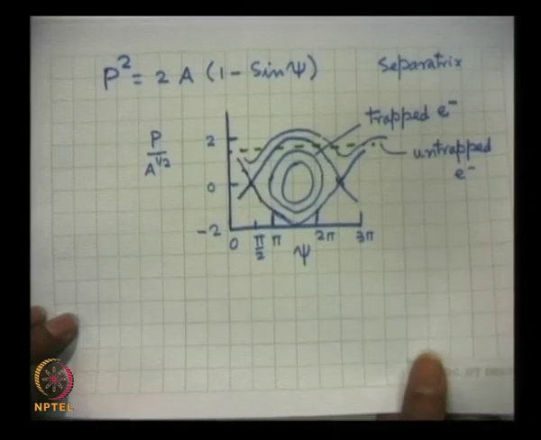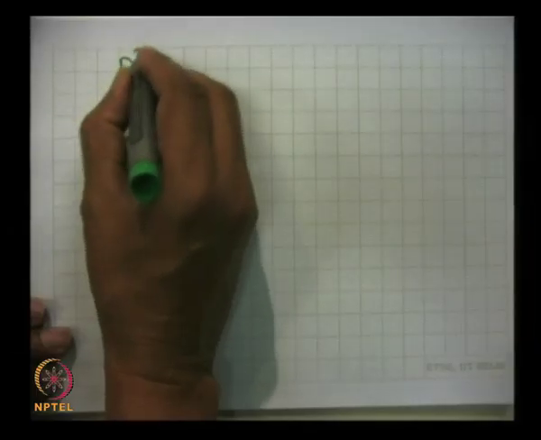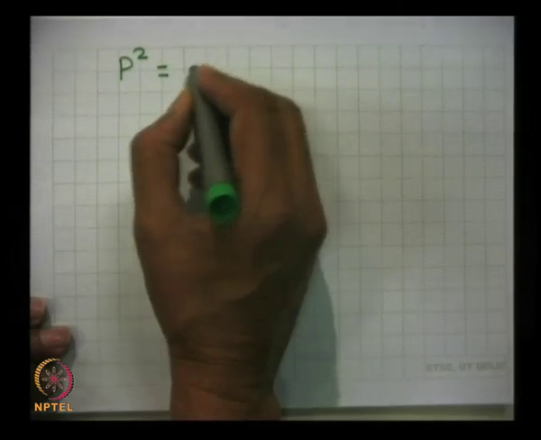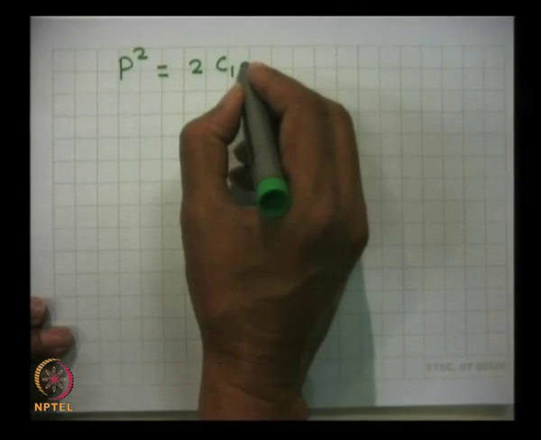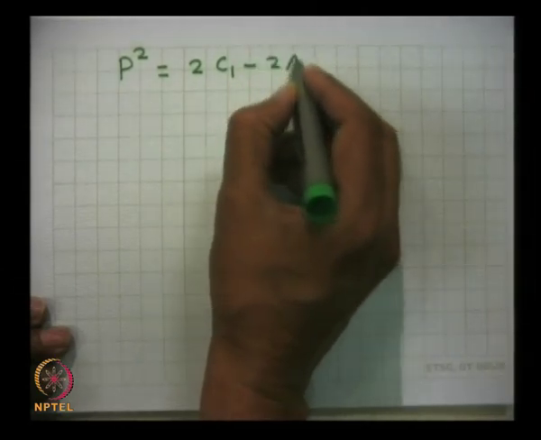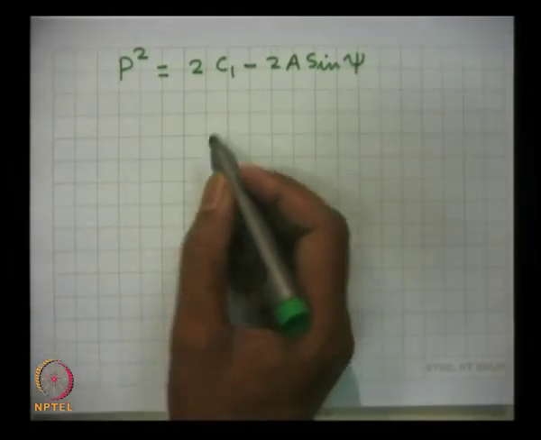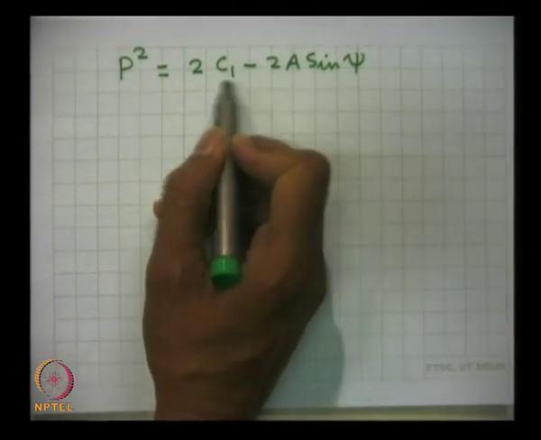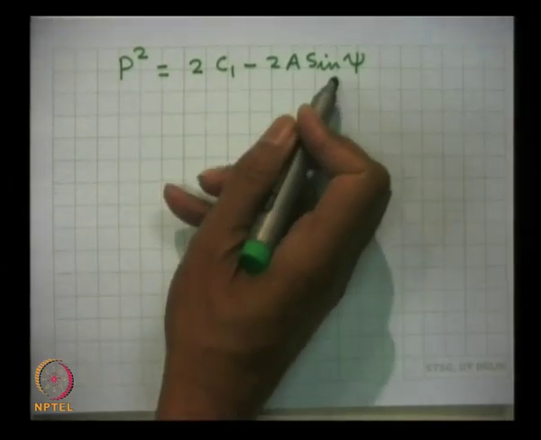But I can always employ the expression that I just wrote down: for a trapped electron, P square is equal to 2C1 minus 2A sin psi. This is the general equation. For C1 equal to A, this becomes the equation for a separatrix. Otherwise, it is a general equation for particle energy in terms of psi.